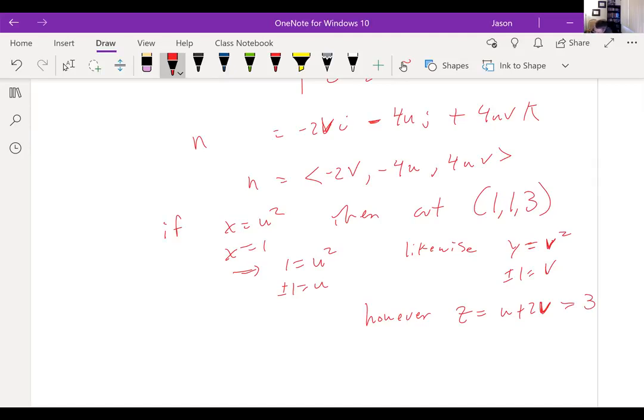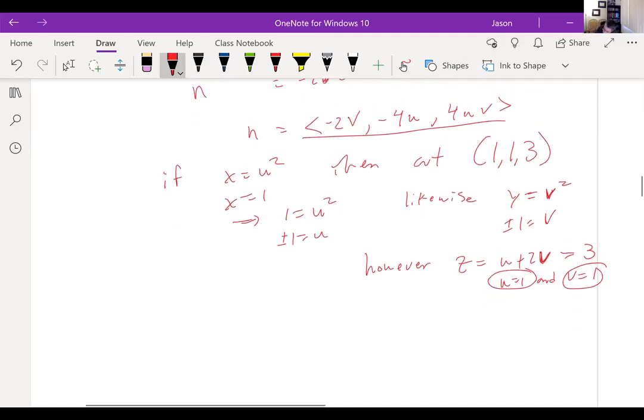The only way that we could get 3 here is if u is equal to 1 and v is equal to 1. That's the only way that we would get positive 3. So we've isolated what u and v have to be equal to. So I can plug those back in for my normal vector.